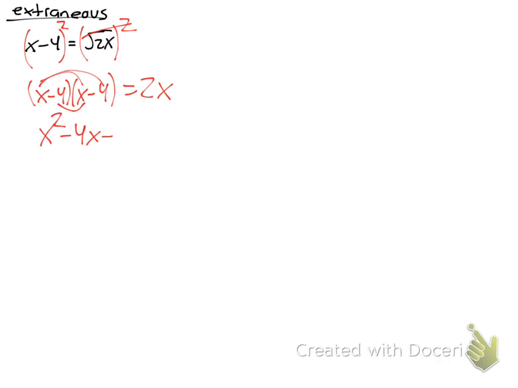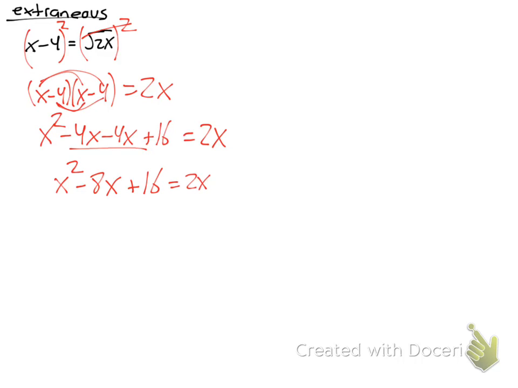Negative 4 times x, another negative 4x. And negative 4 times negative 4 is positive 16. And that all equals 2x. The middles can go together. I do believe you can agree with that, yeah? So x squared minus 8x plus 16 is equal to 2x.